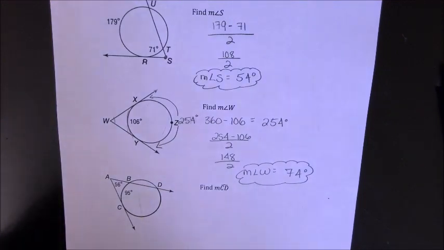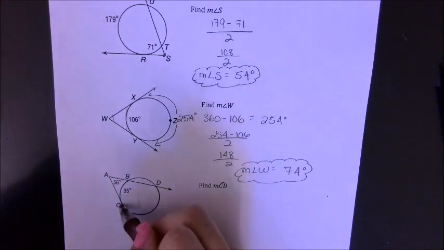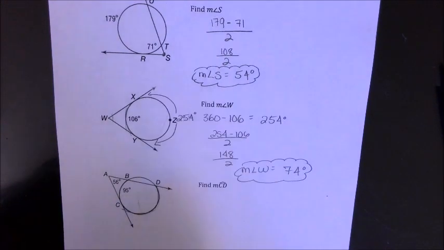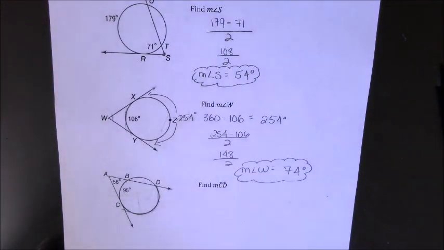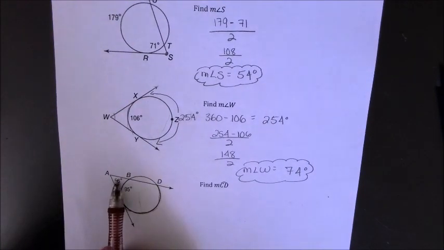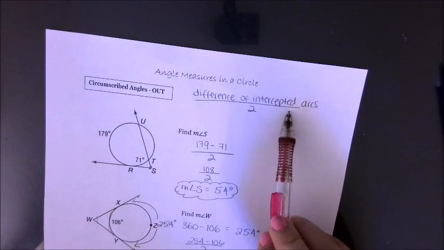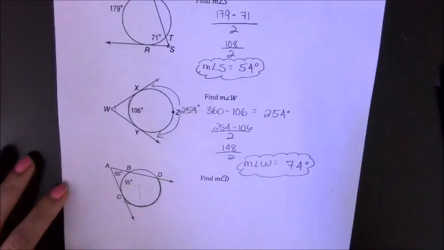Okay, and the last one, we're trying to find the measure of arc CD. I want to look for this arc, so you're not looking for the angle now. My circumscribed angle is 56. Remember, for me to find this angle, I have to find the difference of intercepted arcs and divide it by 2.